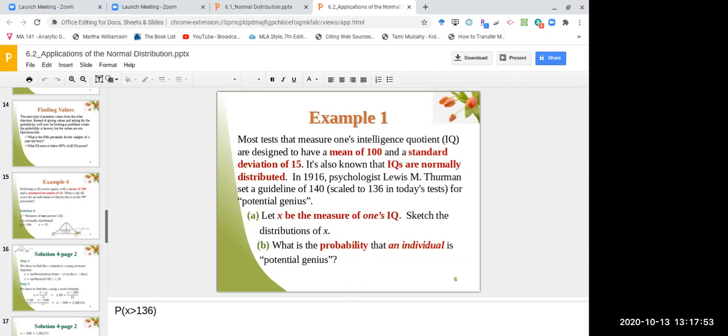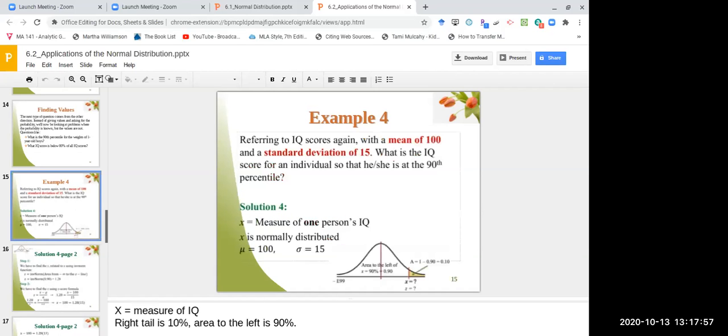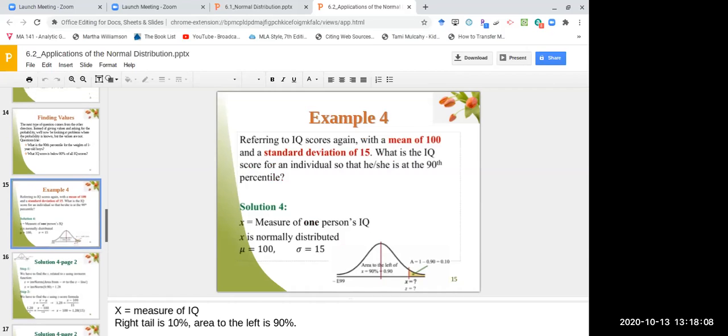I want to show you this also. This relates to doing the other piece of this. So it says referring to the IQ scores again with a mean of 100 and a standard deviation of 15. What is the IQ score for an individual so that he or she is at the 90th percentile?